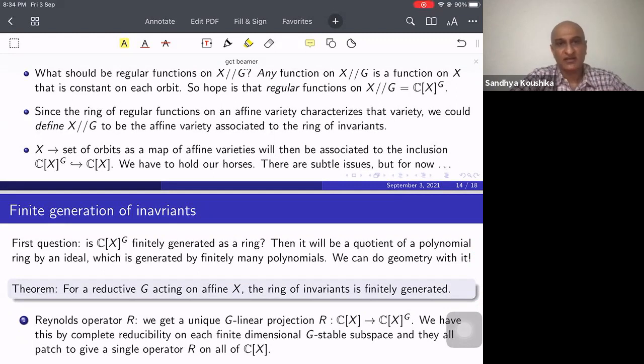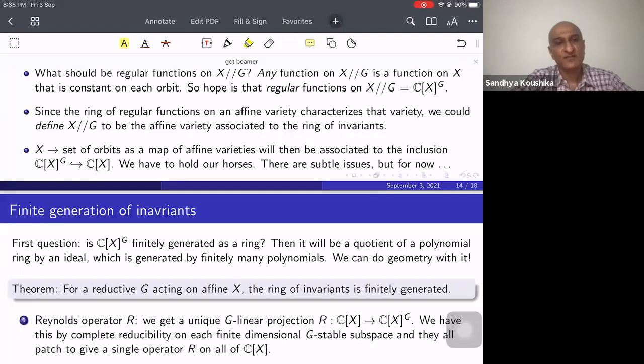Because the group is reductive, we know that every finite dimensional representation is going to be completely reducible. We also know that this C[X] is going to be made up of these finite dimensional pieces. So what we do is we take one such finite dimensional piece and we take invariants only from that. If you recall, one of the characterizations of complete reducibility was that every sub-representation will have a G-invariant complement.